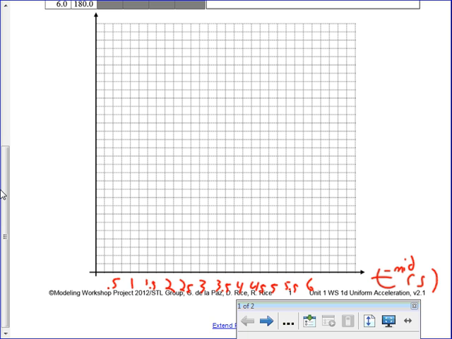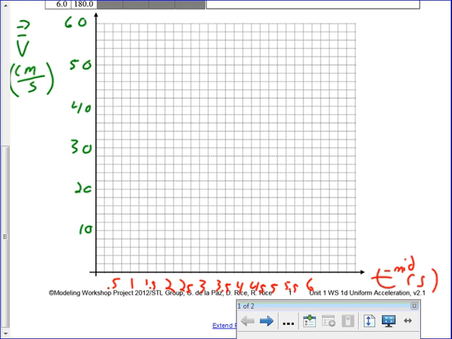So 2, 4, 6, 8, 10. And this is, again, my velocity, and it's going to be in centimeters per second.